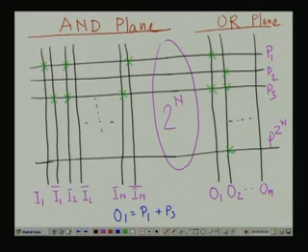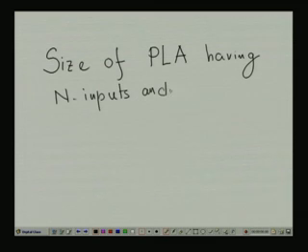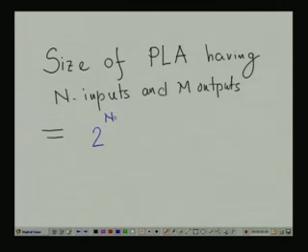So, total columns are m plus 2n, and so the size of PLA having n inputs and m outputs is equal to 2 to the power n, the number of rows, by m plus 2n number of columns.